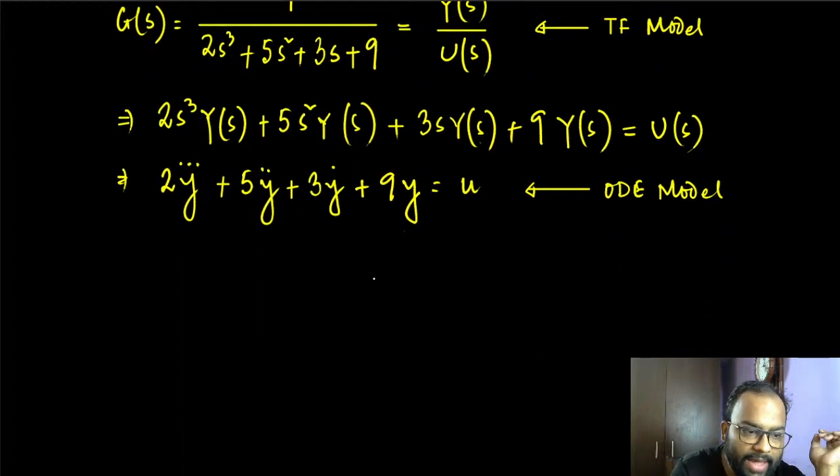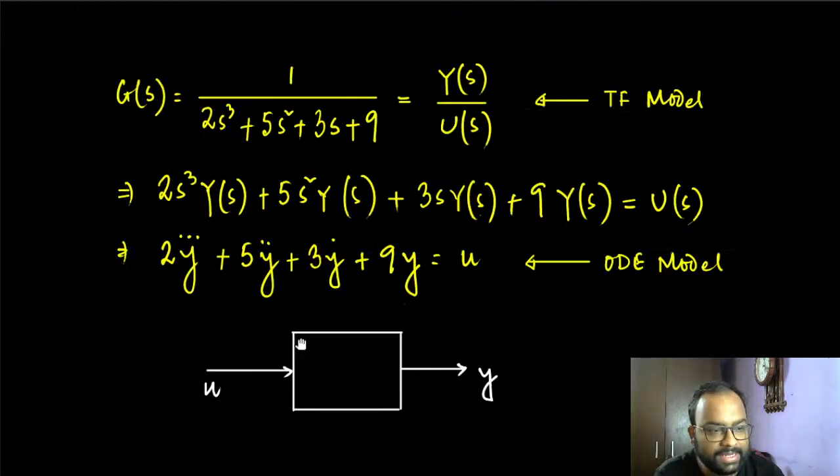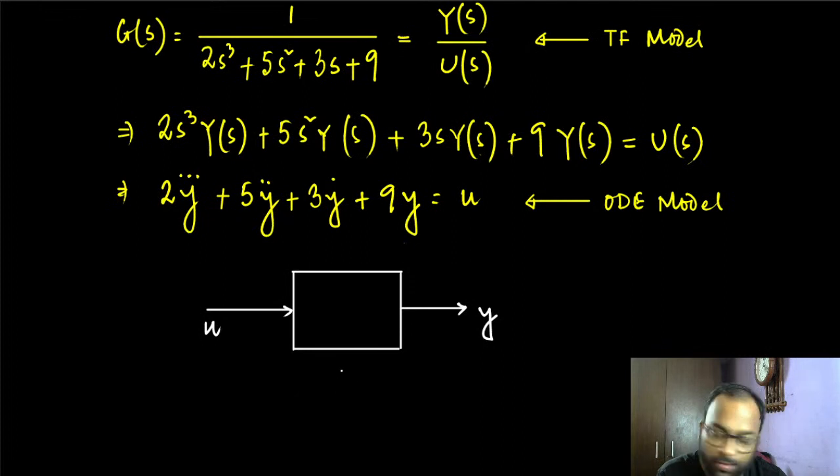Let's see, we have a system. Let me describe this once more so that it is slightly easier to understand. We have a system where U is the input, and the output is Y. In terms of state variables, the output is simply x1, because I assumed Y to be equal to x1.